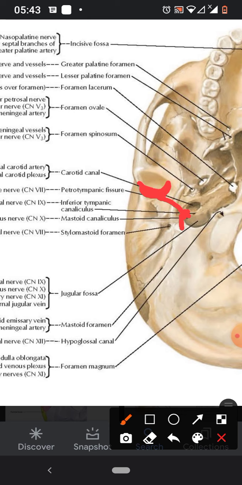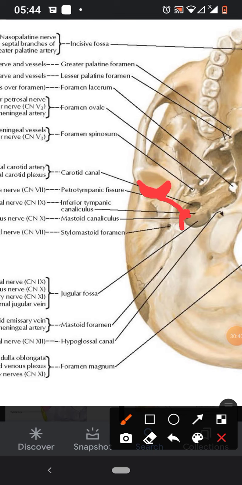Let me tell you one more thing: this nerve is extracranial when the baby is born. After birth it is present outside the bone, but with the passage of time the mastoid process appears, because you know that at birth the mastoid process is not present. So the mastoid process and the fissure appear, and this nerve becomes covered by the bone.